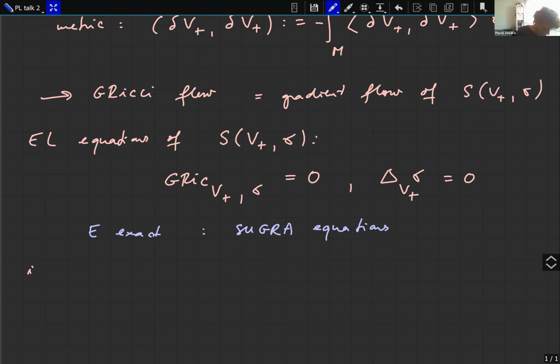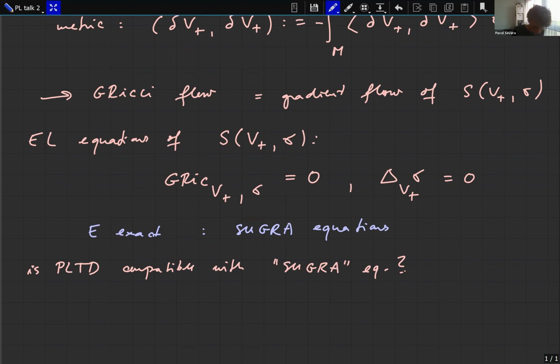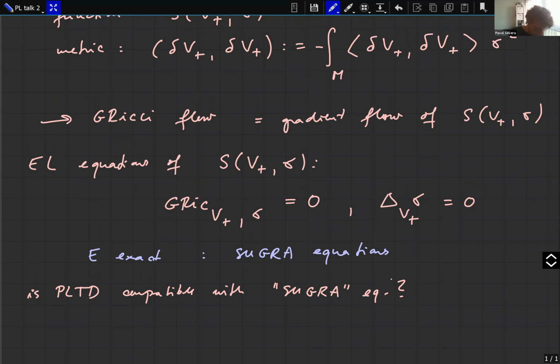Is PLTD compatible with this sugra thing, supergravity equations? So yeah, these are the equations basically.